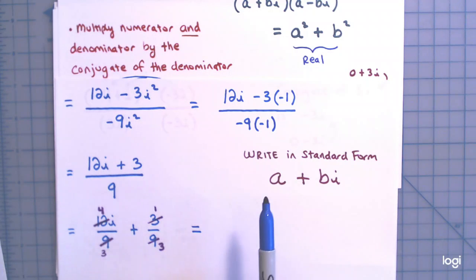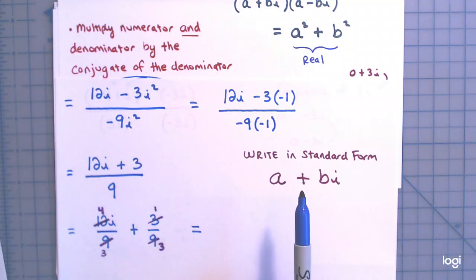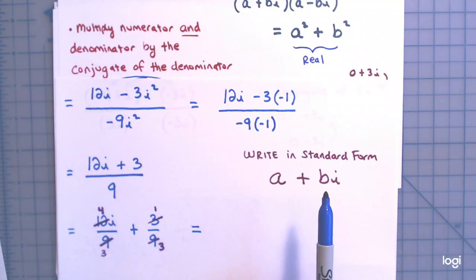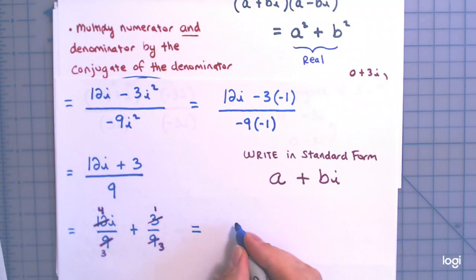I'm going to write the term that doesn't have i, the real number, first, plus, and then the term that does have i second, with a coefficient, a real number times i, a real number plus a pure imaginary number. So the real number is this positive 1/3, right? So I have 1/3 as the real part of this result.